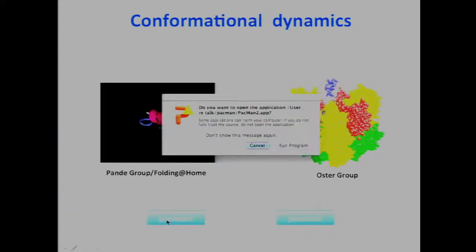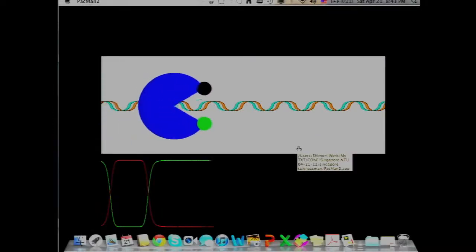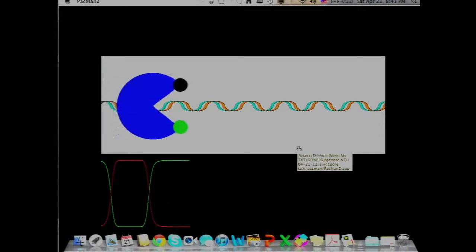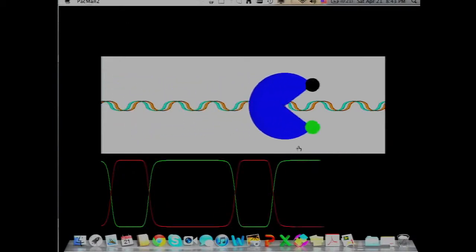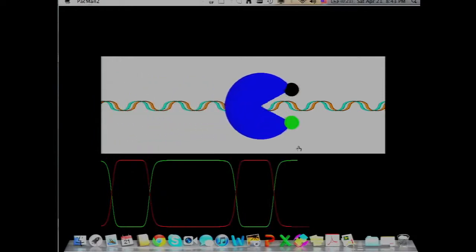So we proposed quite some time ago, after introducing this method, that we could do all kinds of different analyses. For example, think about all kinds of DNA-based enzymes that process DNA for replication, for transcription, and so on.